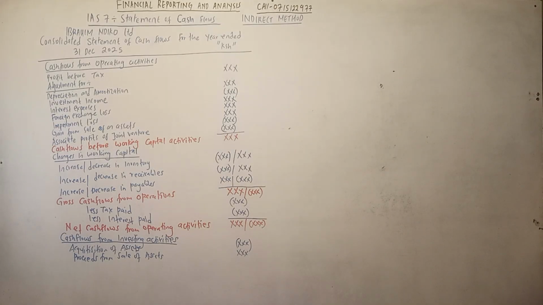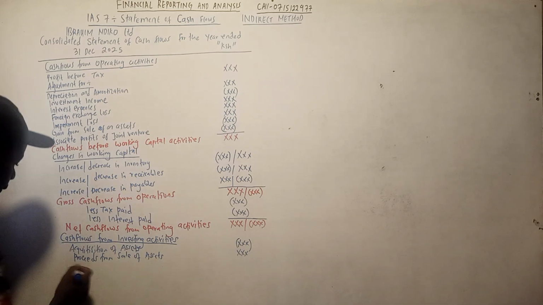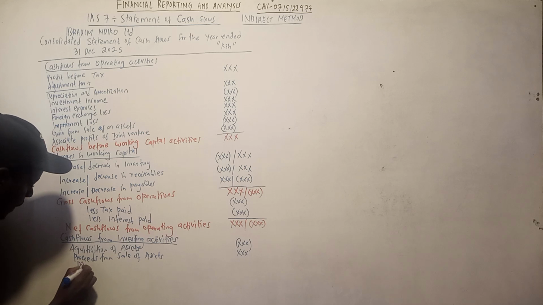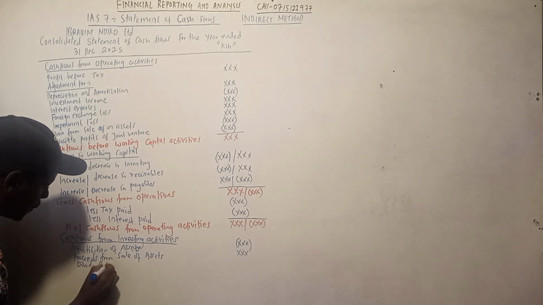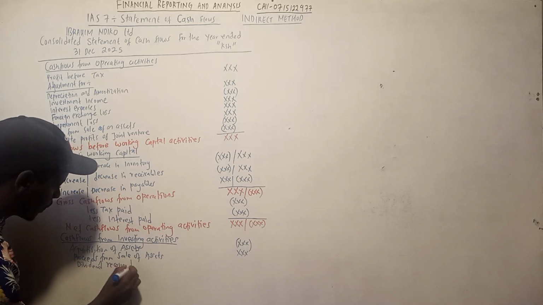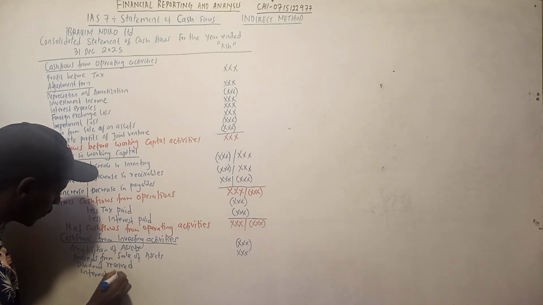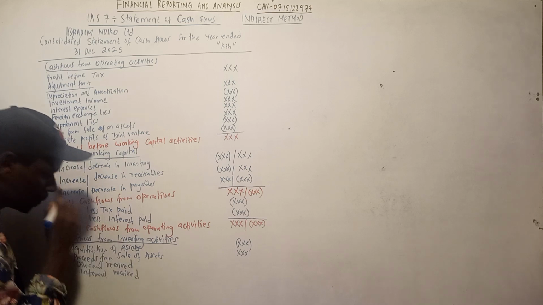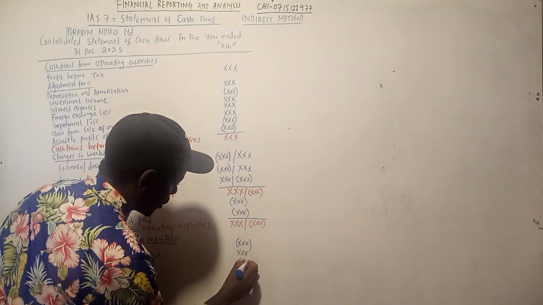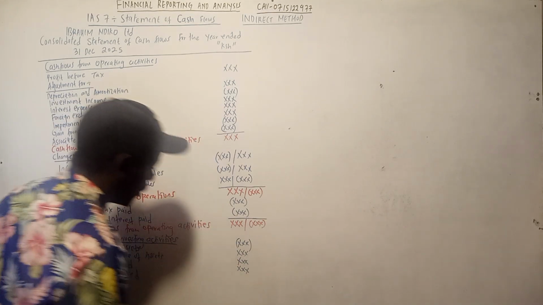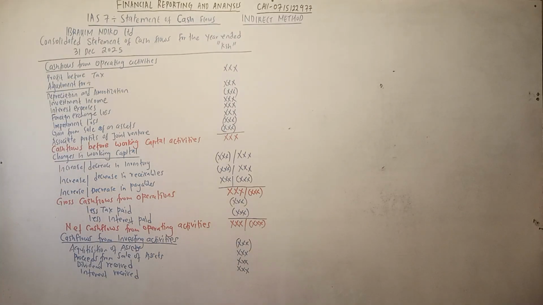We can have dividend received and interest received. That's the money in. All those will form what we call the cash flow from investing activities.